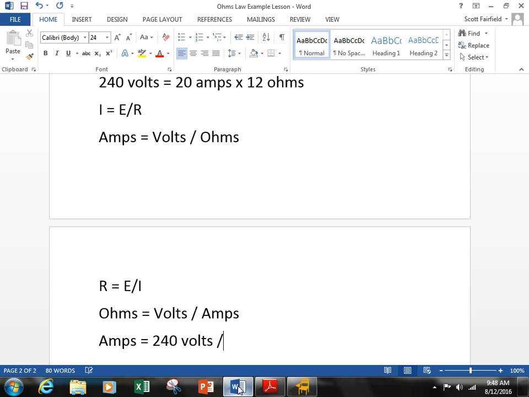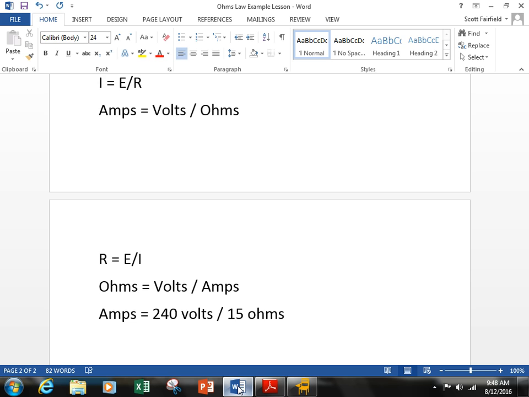But let's say this time we discovered we had 15 ohms on the circuit. So if we do our math, 240 divided by 15, we would be at 100, or 100, yeah, I don't want that much. We could have 16 amps flowing through the wire at that point.